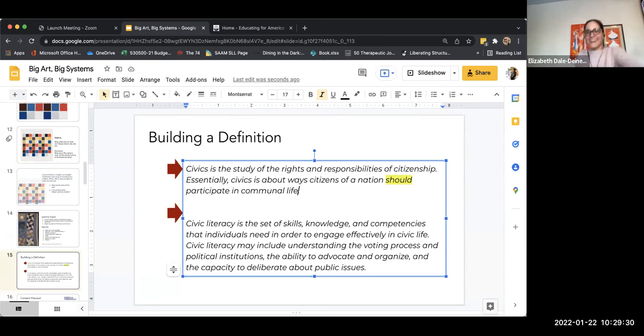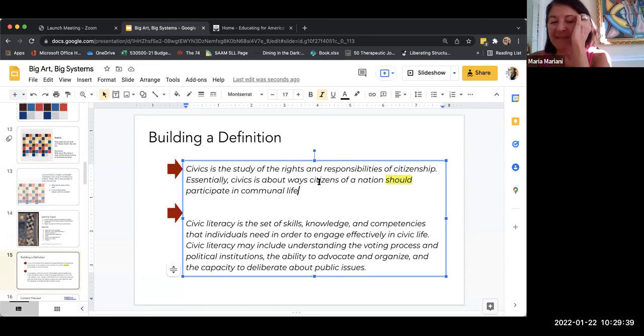Oh, what a beautiful question. Let's talk it out. But maybe citizens doesn't mean, are you a naturalized citizen, or were you born here, or do you have a green card? It means a person who lives in a nation. I mean, it has multiple meanings. Okay.